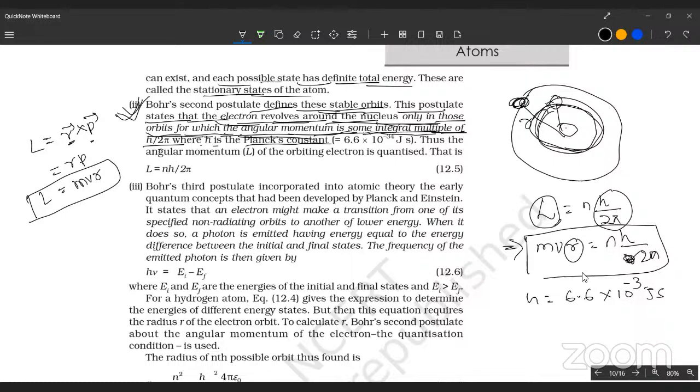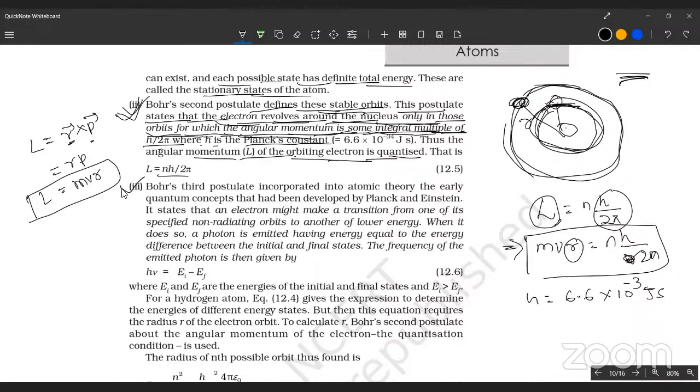This angular momentum L of the orbiting electron is quantized, that is L equals nh by 2 pi. Quantized means distinct, separate. The orbits are not overlapping one another; they are at a fixed distance and they are stationary. The electron revolves in these stationary orbits.